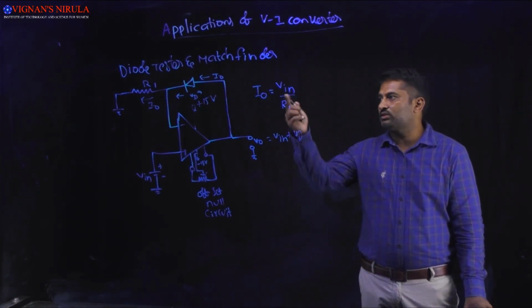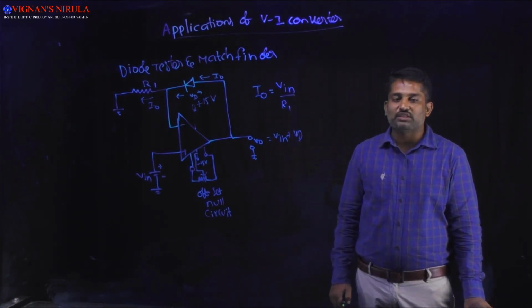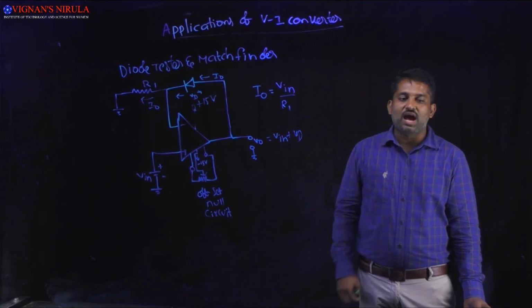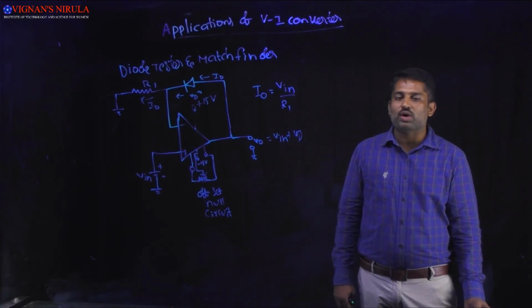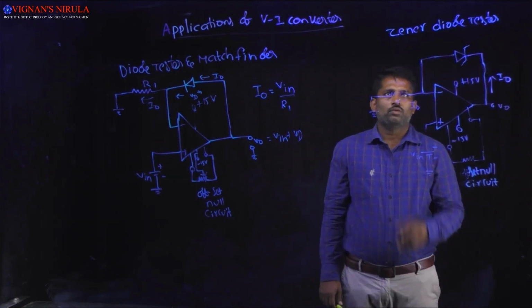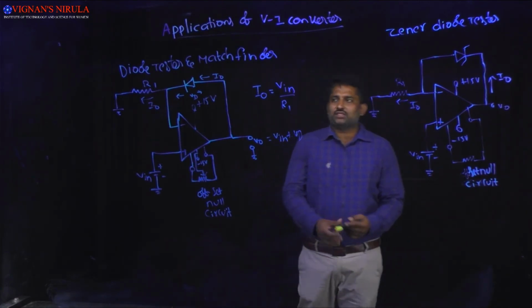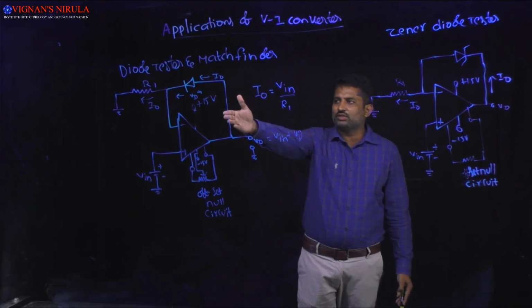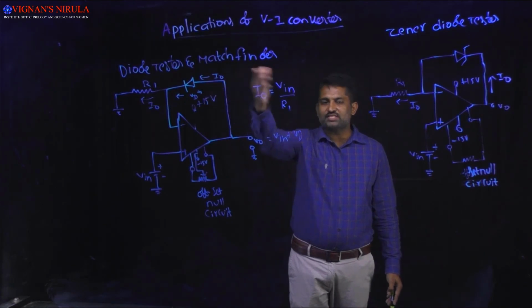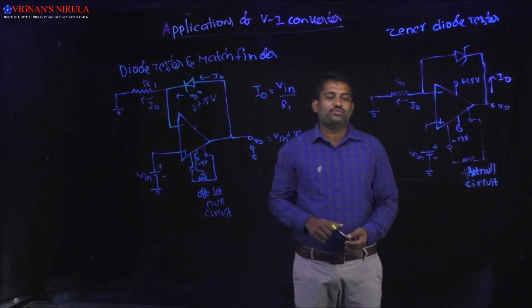Not only this diode tester and match finder, we can see the other application of the V to I converter also, which is nothing but Zener diode tester. Just now only we have seen that the V to I converter is used as a diode tester and match finder.